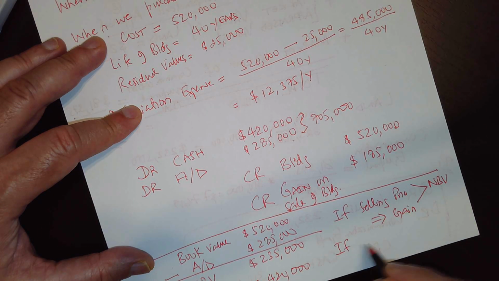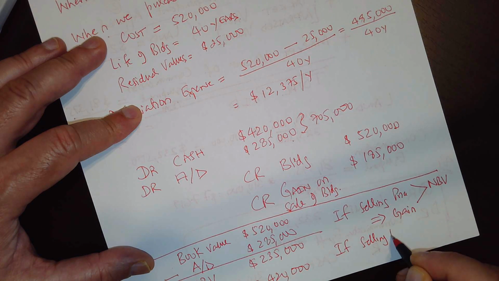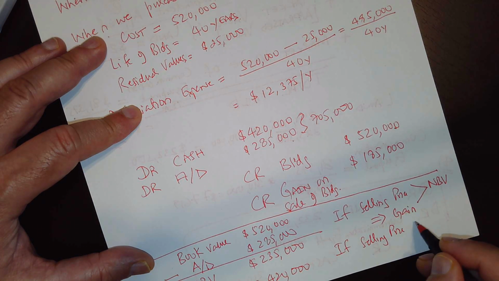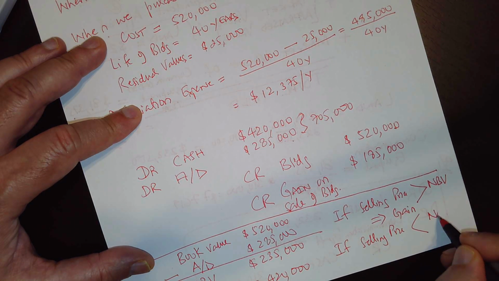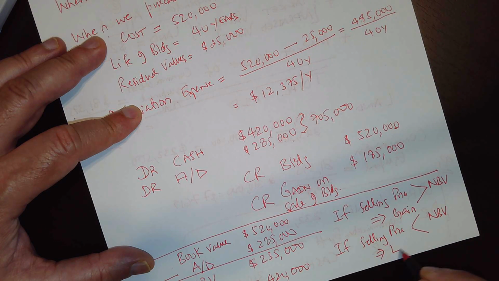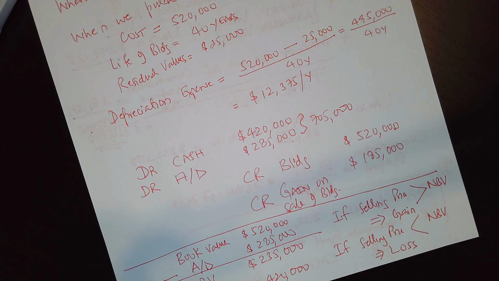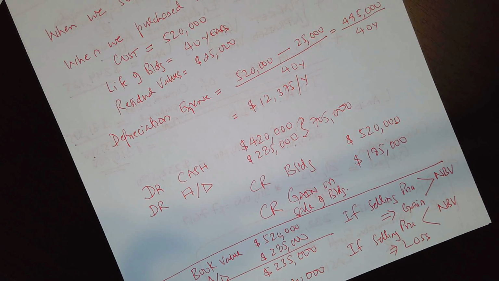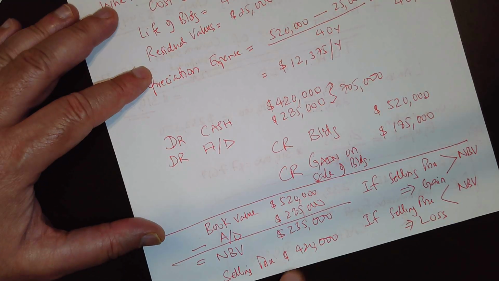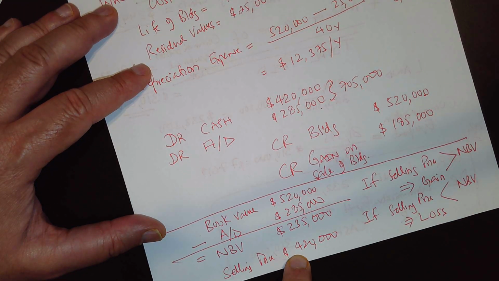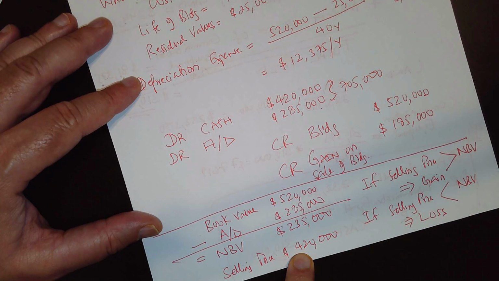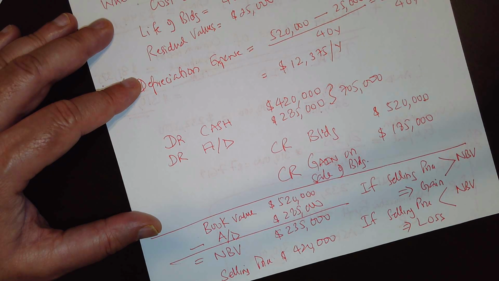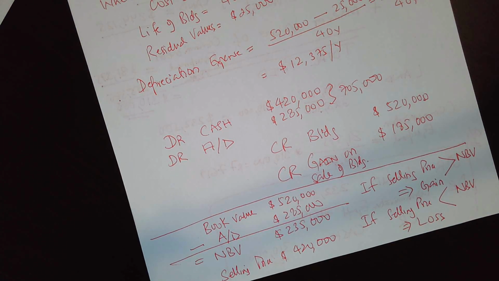If the selling price is less than the net book value, you have a loss. So you can always remember that way. So instead of this $420,000, if you received only like $220,000, then you will have a $15,000 loss. Okay, so that's the transaction we did on September 1st.